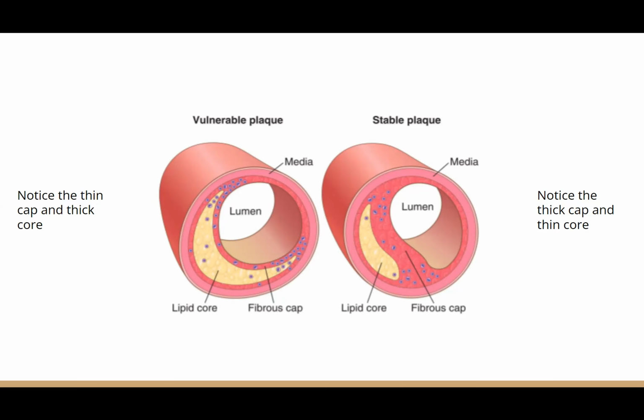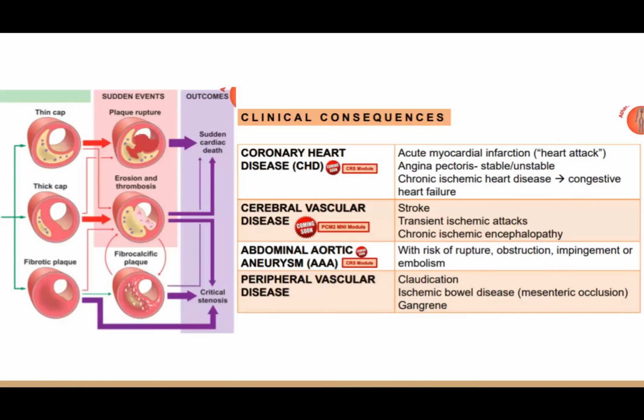You can get a thrombosis, which happens after the plaque, and that thrombosis can get lodged essentially anywhere. But thrombosis is a very increased risk of heart attack, so complete occlusion there. And then stable plaque is the thick cap and thin core. So do know what makes it vulnerable versus what makes a plaque stable.